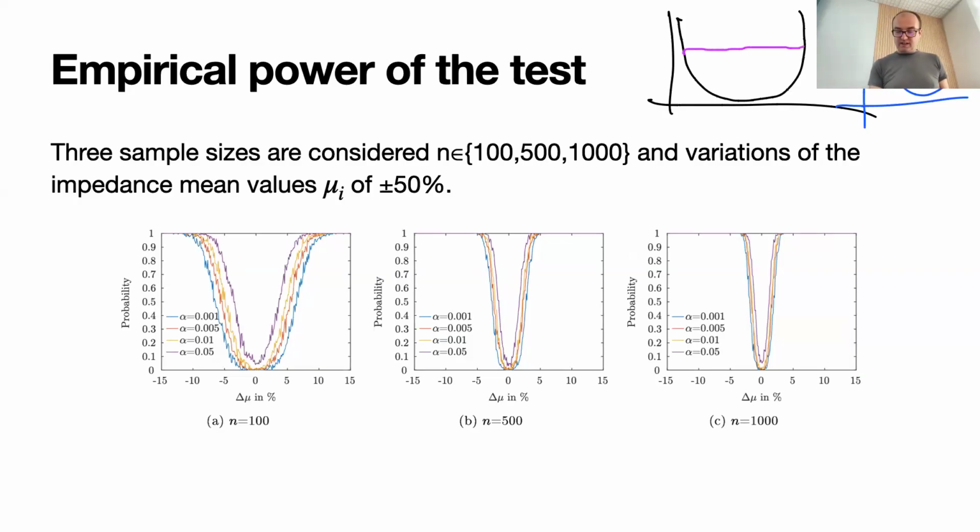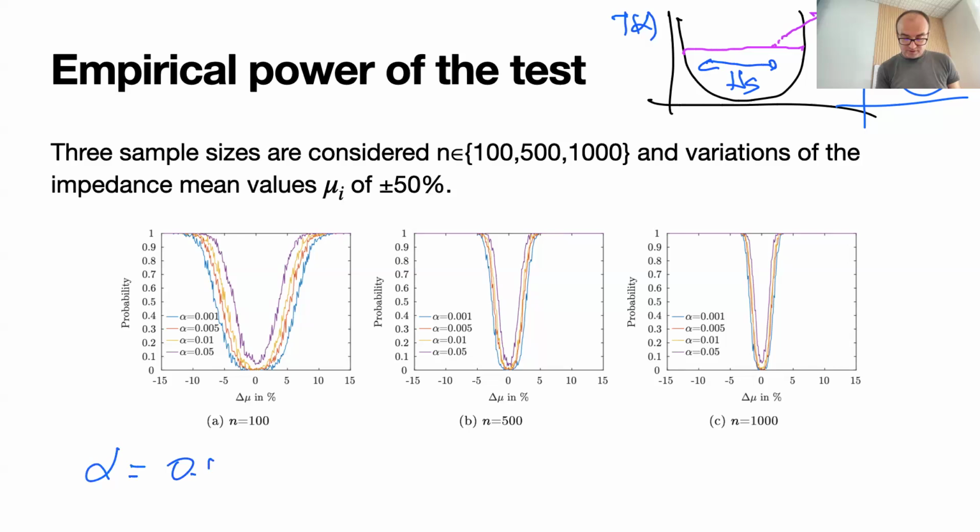And I want to see how much change should be imposed on this value to say that something happens. The only two things I can select here are the threshold value and how many samples I need. How long should I measure my impedance? And these are the results.